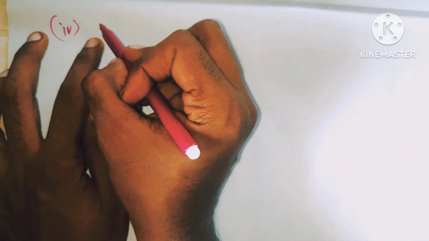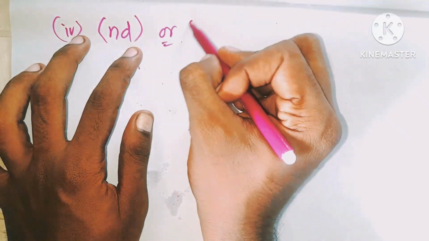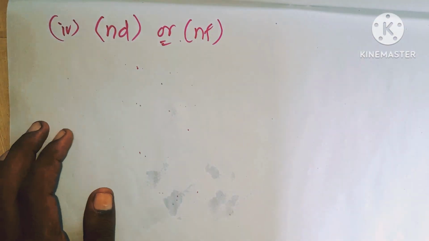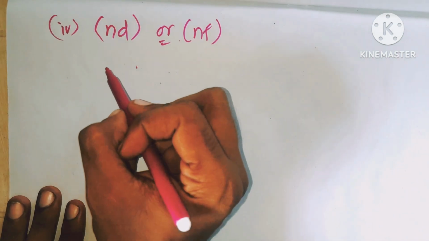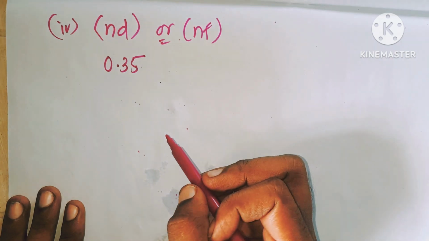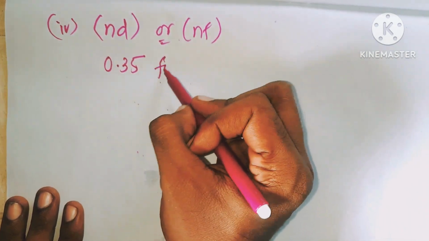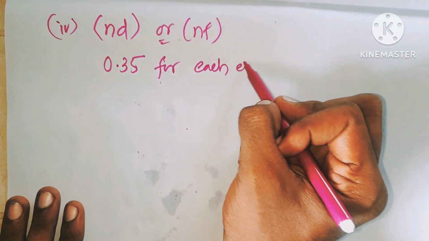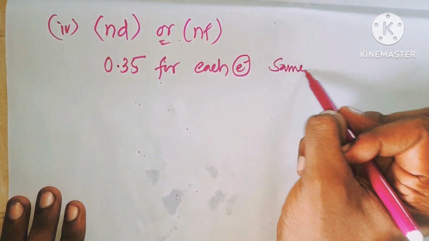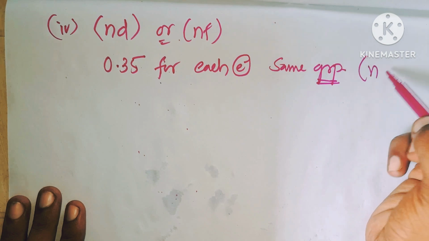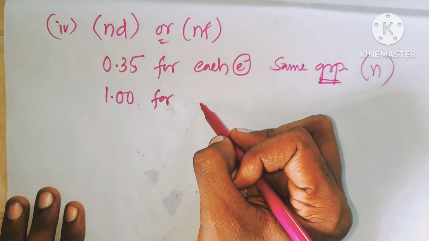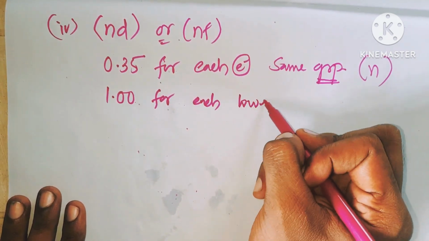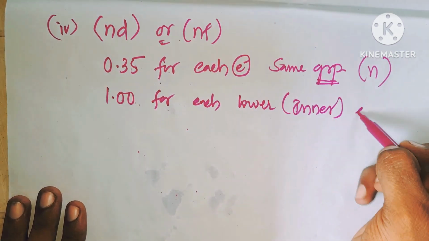That is rule number 4, for those ND groups or NF groups, because ND and NF are written separately. For these groups, the electron shielding value is 0.35 for each electron in the same group, that is at level n, and directly 1.0, that is complete shielding, for each lower or inner electron.